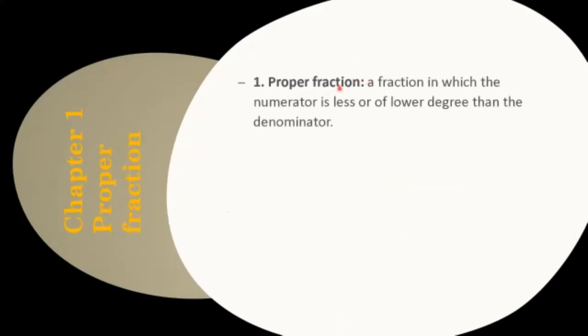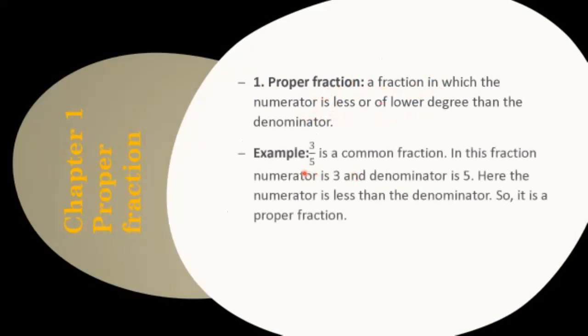Now we can see chapter 1, proper fraction. A proper fraction is a fraction in which the numerator is less than, or of lower degree than, the denominator. Let me show you an example. 3 by 5 is a common fraction.